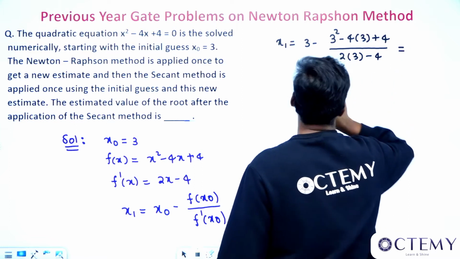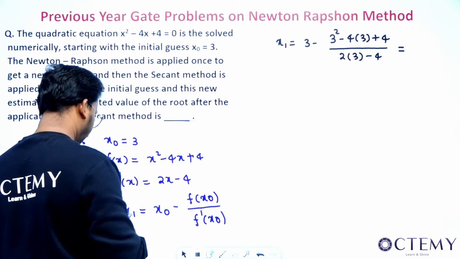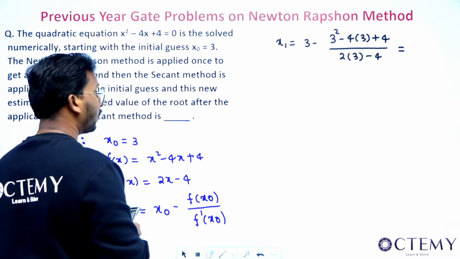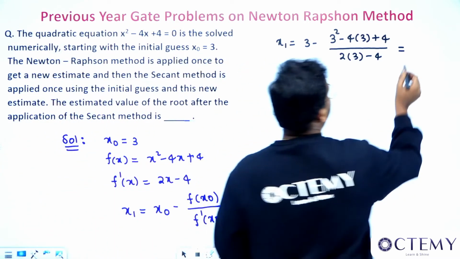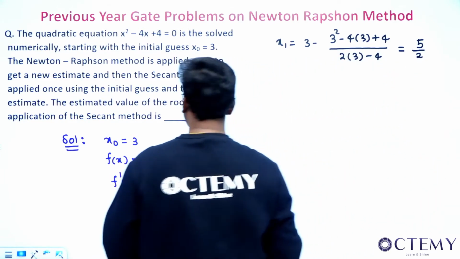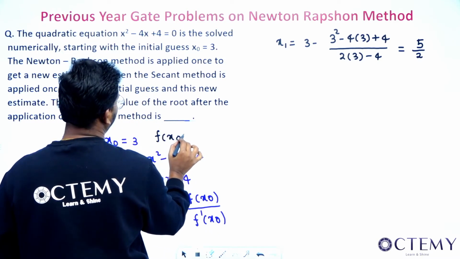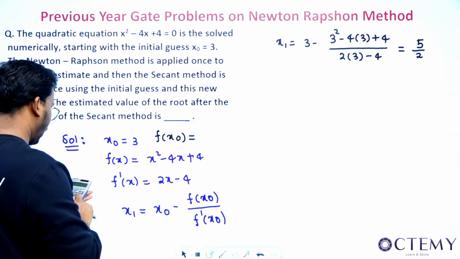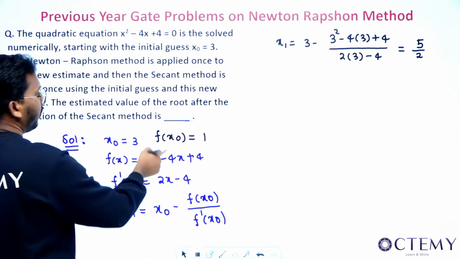So if I find this out, you'll get it as 2.5, sir. You are getting it as 5 divided by 2, right? And if you want to find your f of x naught, because you will need it for the next method, that is basically 9 minus 12 plus 4. That should be 1, right?